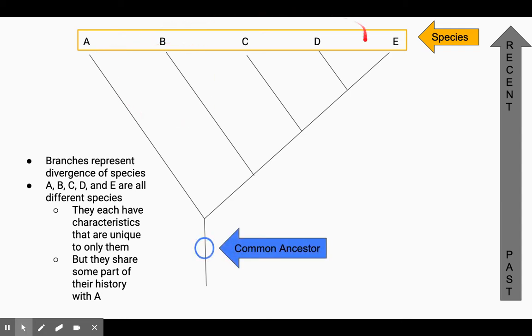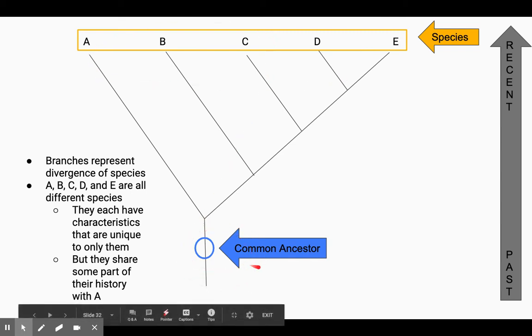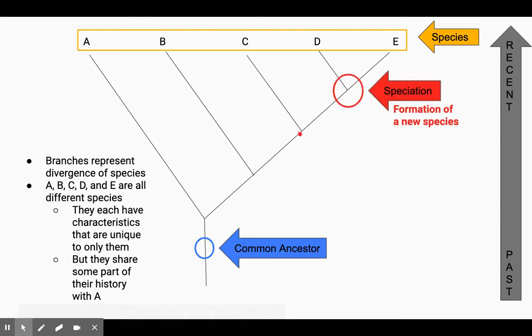So all of these species share a common ancestor, and that's an important part of phylogenetic trees, is that we build them around a common ancestor. Each of these little branches where a new branch is formed, that shows what we call speciation, or the formation of a new species.